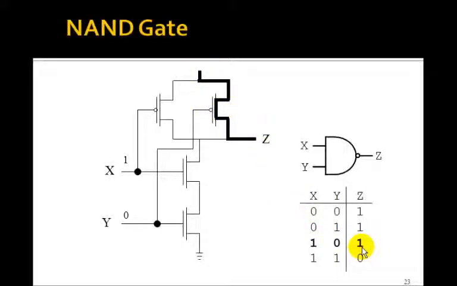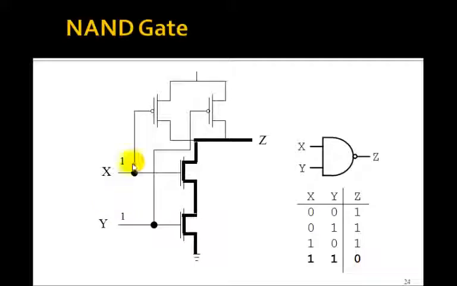It goes up to there. And it's only when they're both 1 that these become open and these both become closed, so the output's 0. Well, remember, a NAND gate is low only when both inputs are high. So these 4 transistors put in this form actually make a NAND gate. Well, how can we make an AND gate?